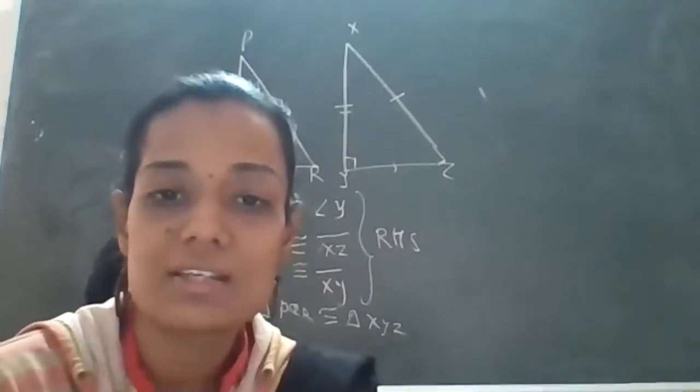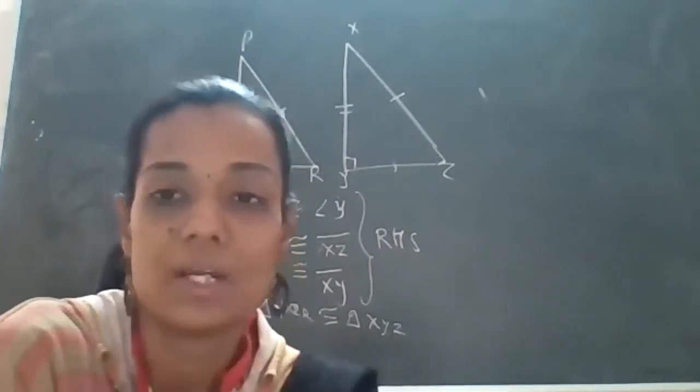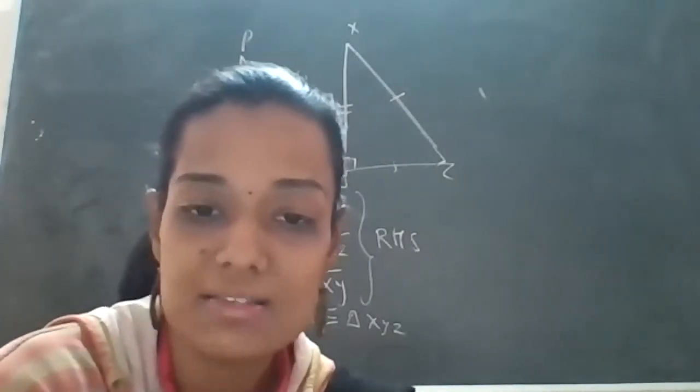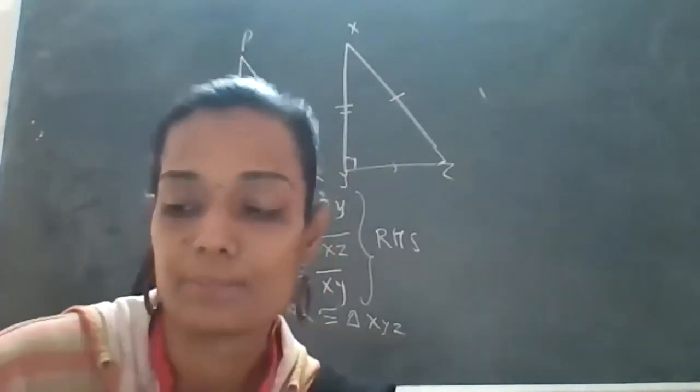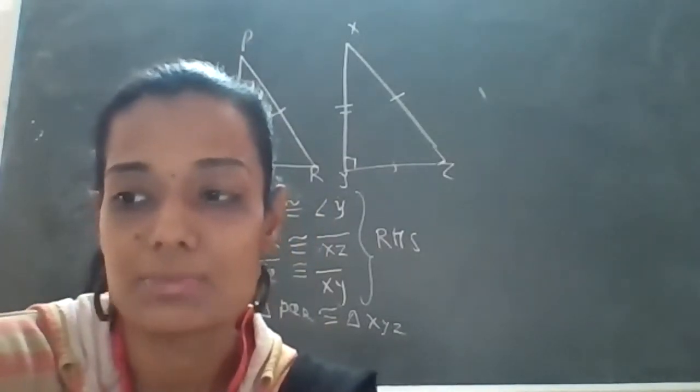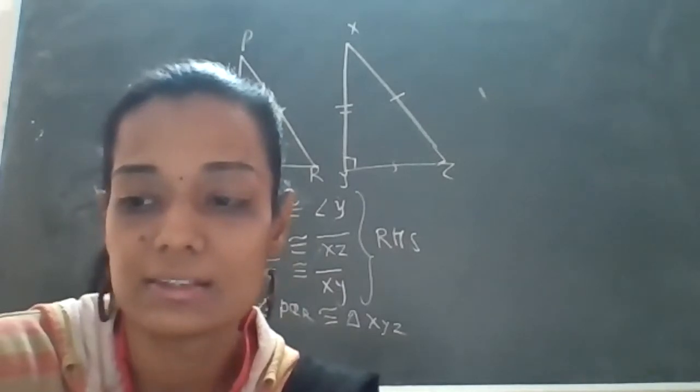Okay. Now we will discuss some properties of a triangle. So, which three types of triangles are there according to their sides? Based on the sides, triangle is classified into three types. Which three types are there?